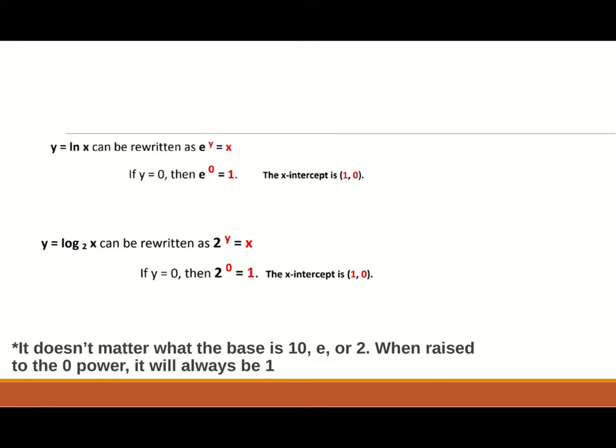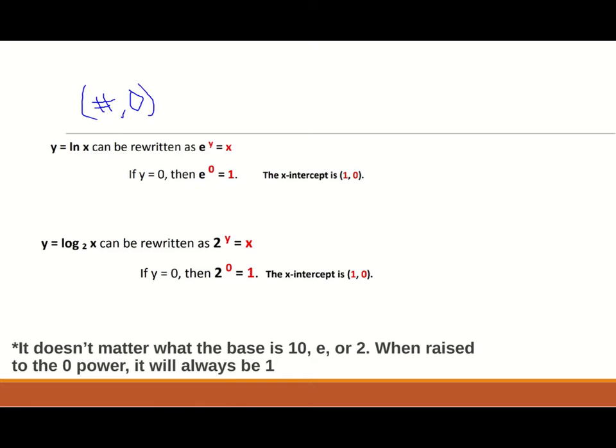So just to prove that all of them had the exact same x-intercept, let's take a couple of them and rewrite them as exponential functions and solve for them. So remember, if it's an x-intercept, we know that the y value is 0. Even if we didn't know what the x value was, we can plug in a 0 for the y value.